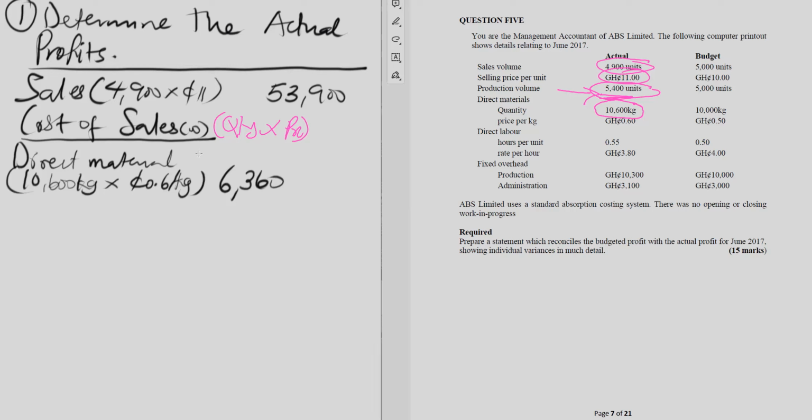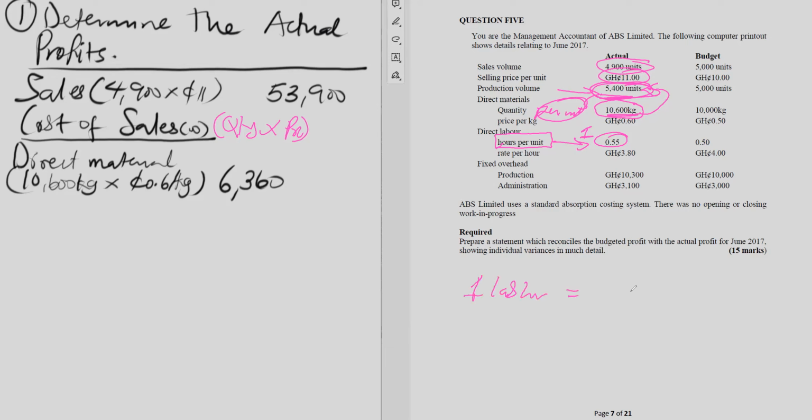You go to labor. Now you see that the quantity that was given for material wasn't per unit. You need to also look at that. Because it wasn't per unit, that means this 10,600 was exactly what they used to produce the 5,400 units. But when you come to labor, they told us that they used 0.55 hours for every 1 unit produced. If you know this, you can always use ratio analysis to help you in your management accounting.